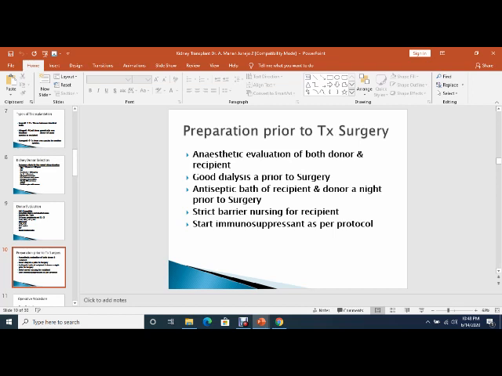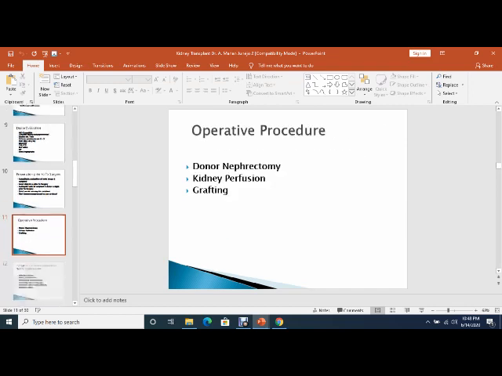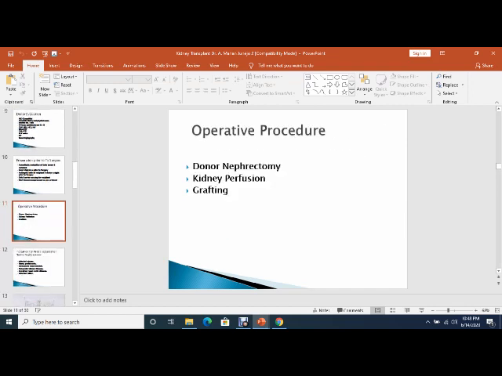Strict barrier nursing for the recipient, and we should start immunosuppressive drugs as a protocol in the recipient patient. Now coming to the operative procedures: one is called donor nephrectomy, the other is kidney perfusion, and the third is grafting.